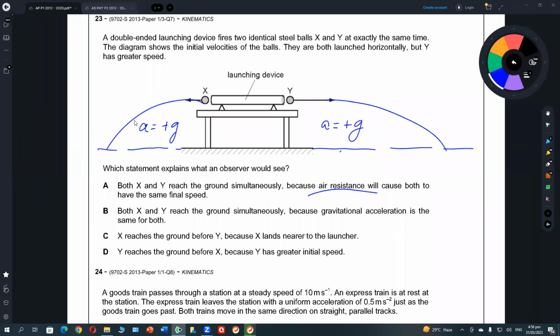X reaches the ground before Y because X lands nearer to the launcher. He means that X will travel less horizontal distance.